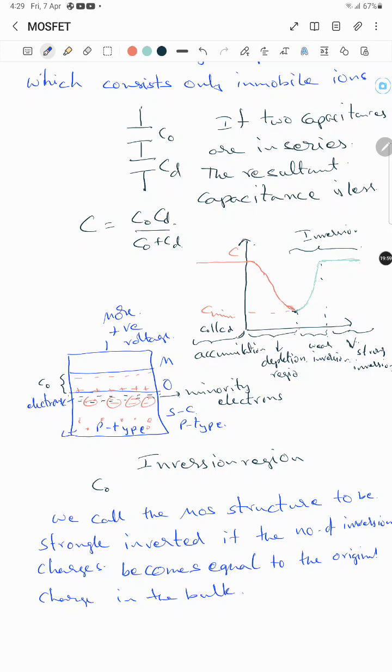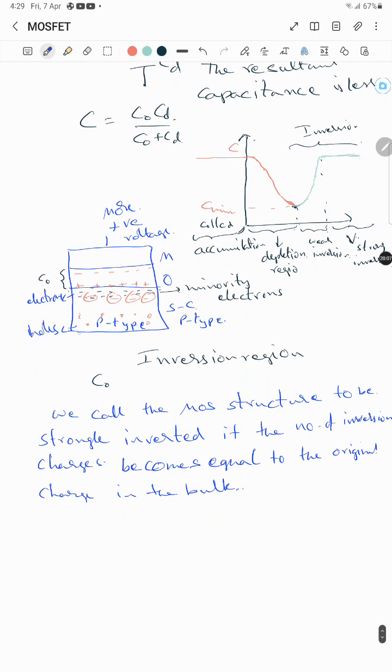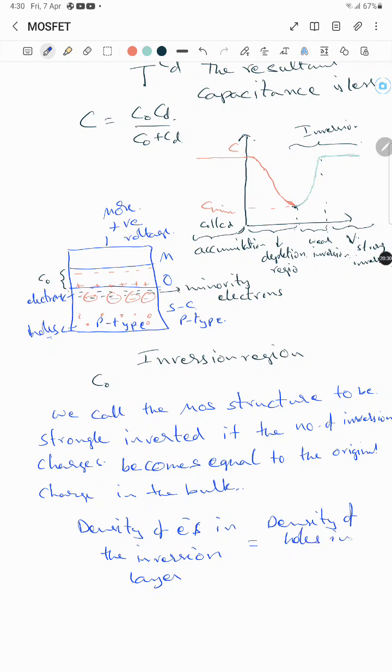This bulk has holes. So what I mean by this line is, if the density of electrons in the inversion layer is equal to the density of holes in the bulk. If I use an n-type semiconductor, it is opposite in the bulk semiconductor.